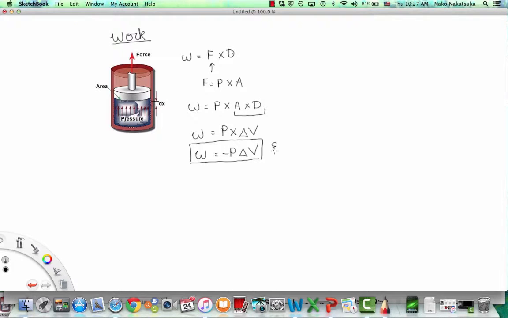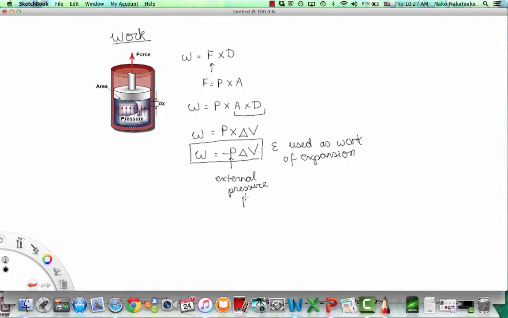So let me write down what this represents. Energy used as work of expansion. Expansion is when you move it up and you're increasing the volume. P is the external pressure that the system has to push against.